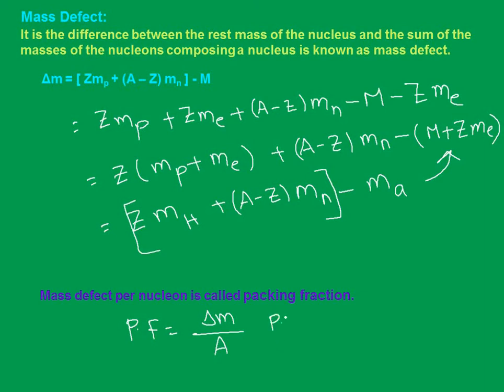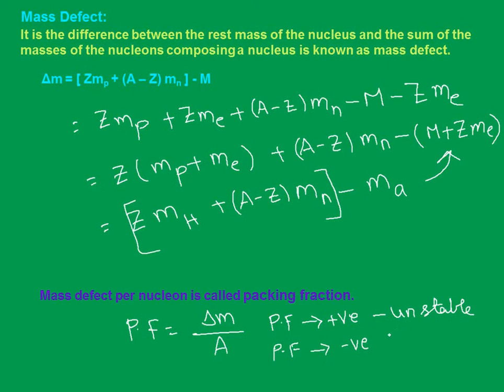So if Pf is positive, what does this indicate? Such a kind of nucleus is unstable. If packing fraction is negative, what does that indicate?